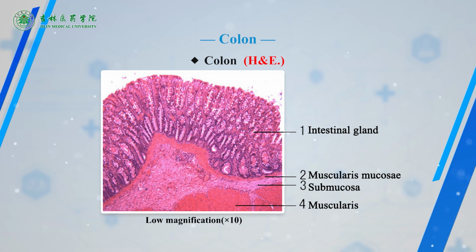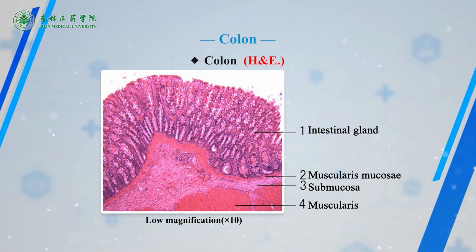The mucosa of the colon can also be divided into three layers. The inner layer is simple columnar epithelium with a thin striated border on its surface. The goblet cells are numerous among columnar epithelium cells.